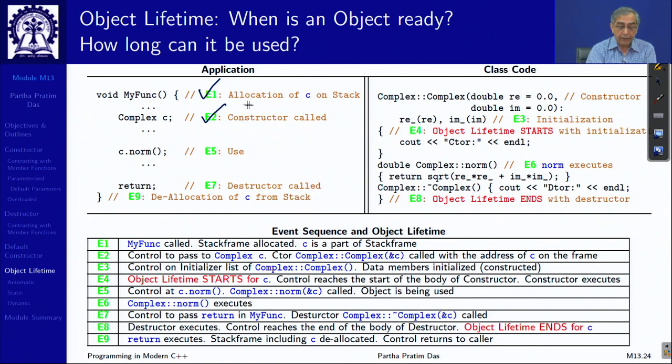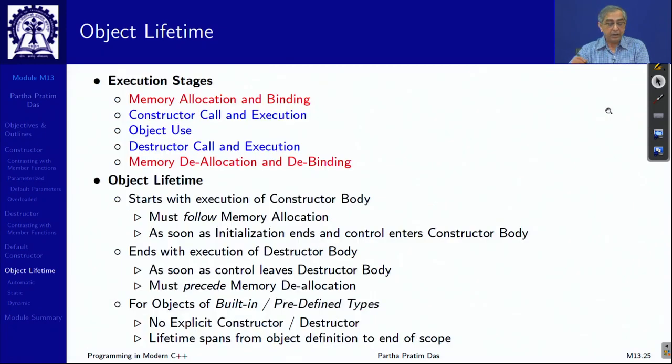So, in C++, you typically have allocation of the stack frame, the construction, the use and the destruction. I have marked by E1, E2 through E9 in this code exactly how the object is taking part in the flow. I would request you to carefully study each one of these from this chart and make a clear understanding of what the objects are going through.